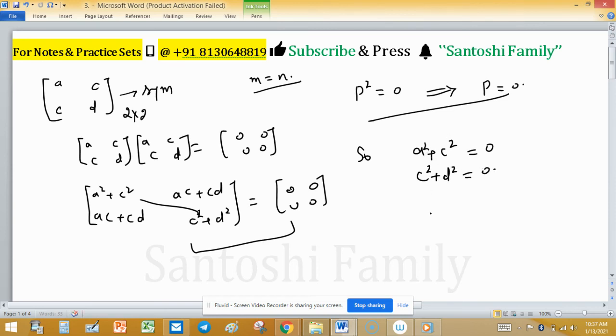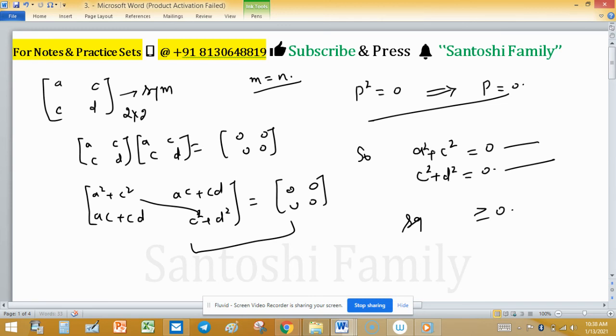Because these are square terms, the sums are greater than or equal to 0, so you never get a negative value.